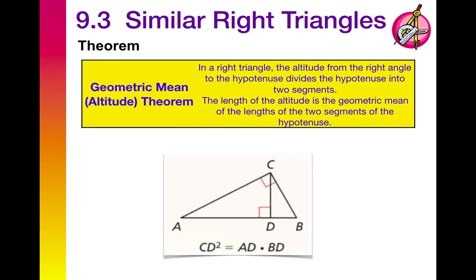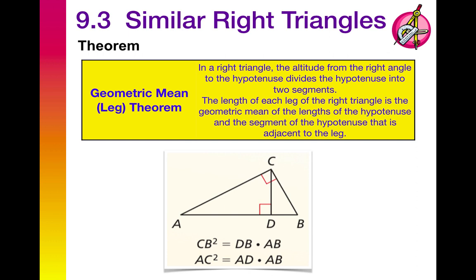We can use these. The geometric mean theorem says that if we have a right triangle, just like this, where the altitude is drawn from the right angle to the hypotenuse, then it divides this into segments that we can use as the geometric mean of the lengths of other segments.